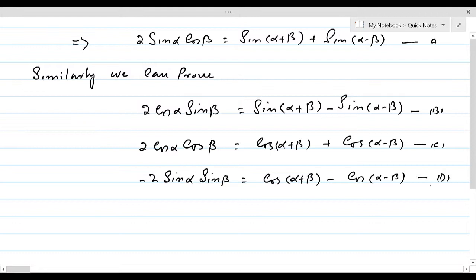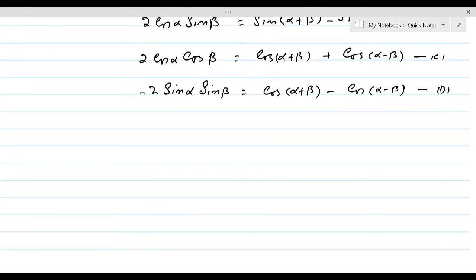These identities A, B, C, and D are used for converting products of sines and cosines to sums of sines and cosines. While if we want to convert sums into products, we can choose alpha plus beta.